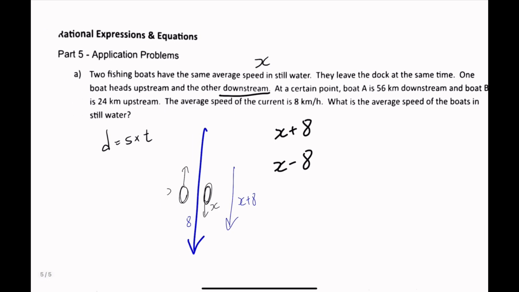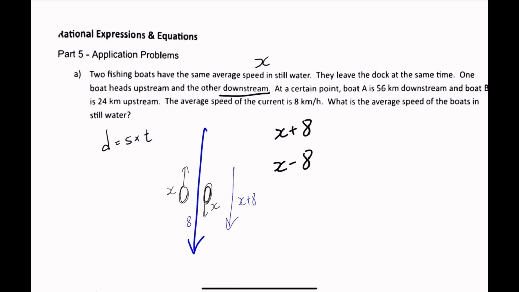It's like when you're riding an escalator, but then you're walking on the escalator. If you walk in the same direction as the escalator, then you get faster because you get the speed of the escalator added to your speed, right? But if you try to go in the opposite direction as the escalator while it's still moving, don't do that because that's dangerous, then you will be slowed down because the escalator is negating your speed, right?